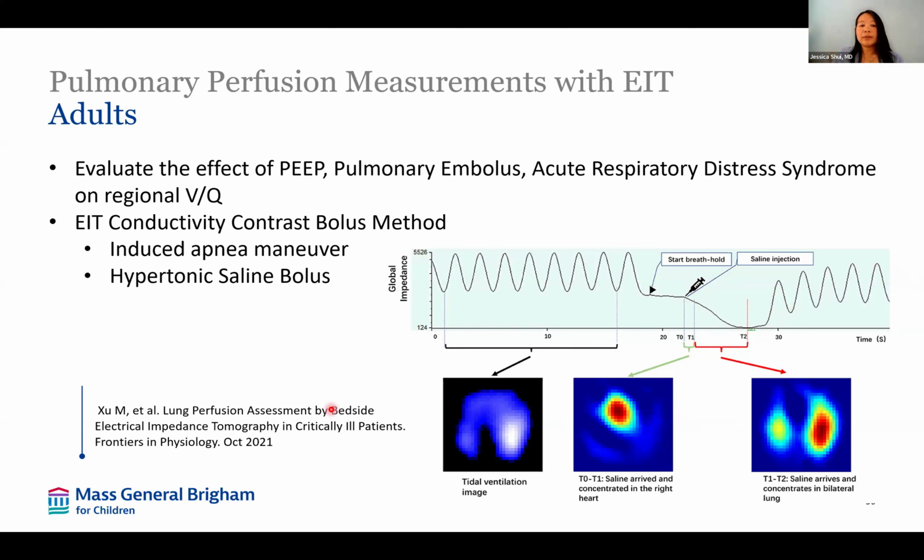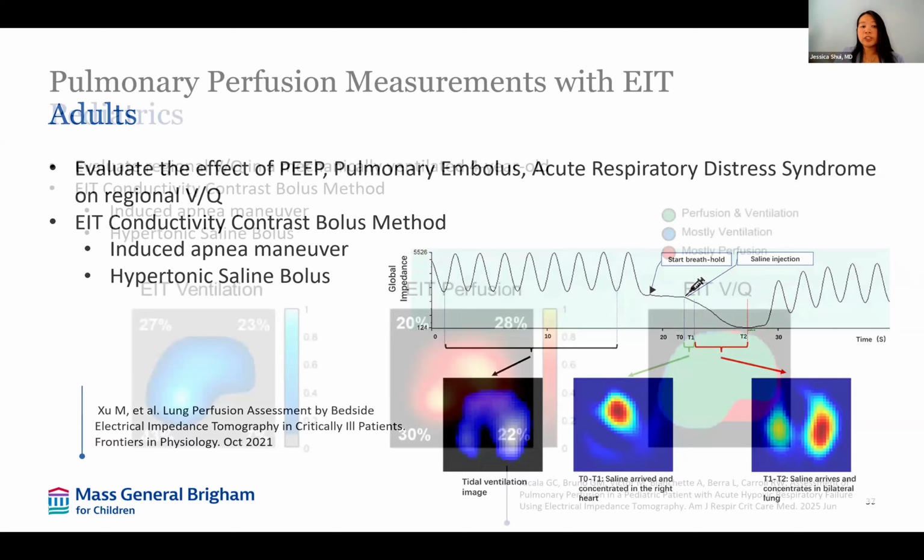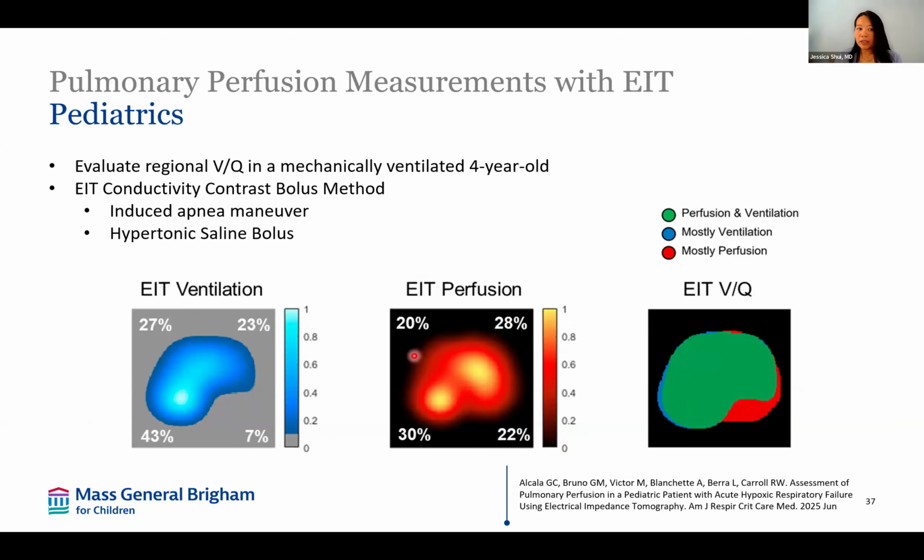And so this practice has been introduced in case reports for pediatric patients. One was done by our group, in a 4-year-old in whom we wanted to evaluate regional ventilation perfusion mismatch.